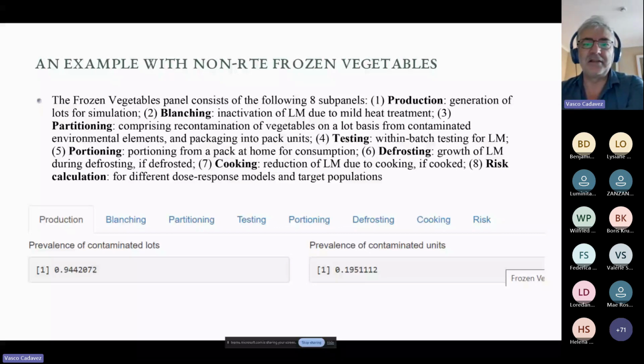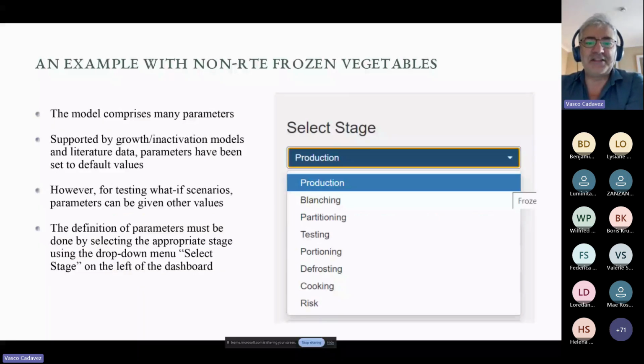Okay, but for these frozen vegetables, these were the stages that were considered relevant, but we can change or add or subtract some stages. So in the application, we have a chance to choose the stage where you want to do your interventions.